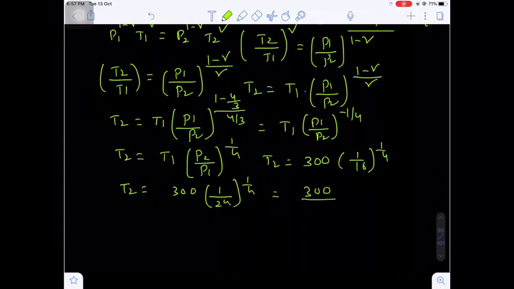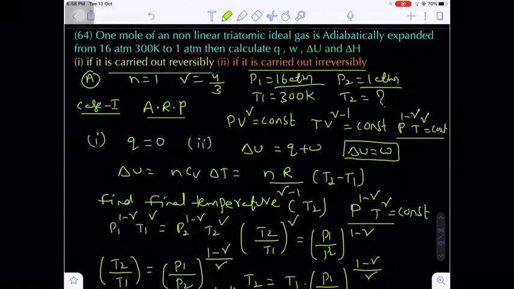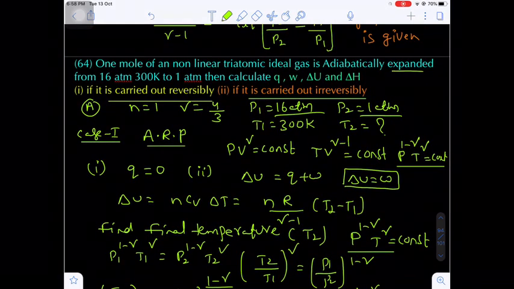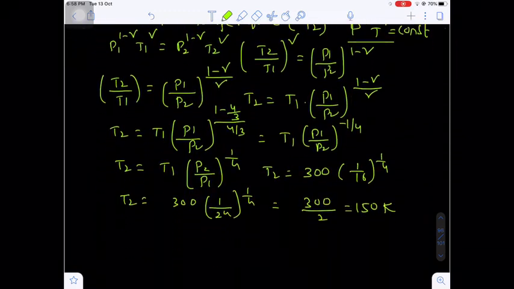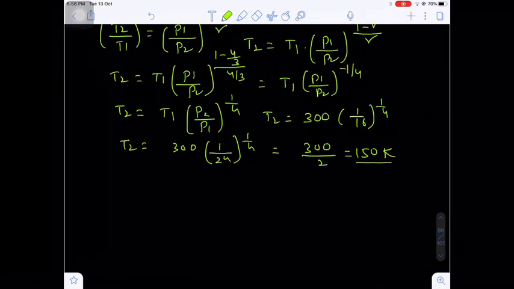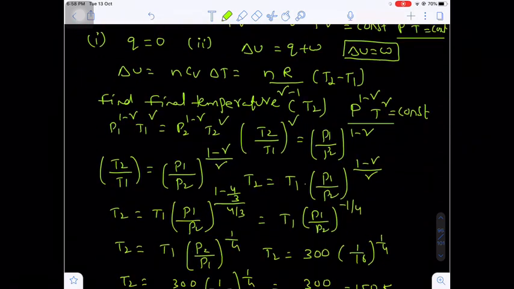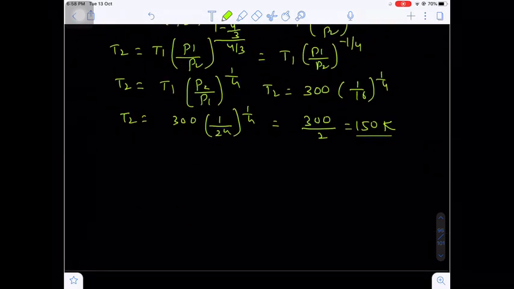So 300 upon 2, that means 150 Kelvin. Do you know in adiabatic reversible process, here the gas expands. When the gas expands, what happens to the final temperature? It decreases. You see, the initial temperature is given as 300 Kelvin, whereas the final temperature is 150 Kelvin.